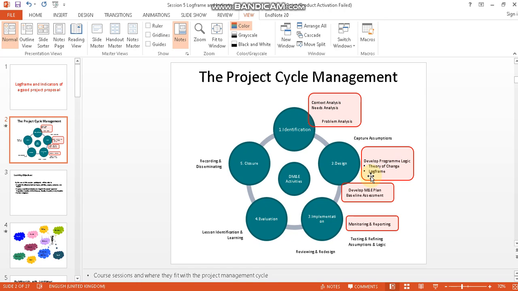Once the project is designed, the team needs to develop a monitoring and evaluation plan that will contain indicator definitions, means of verification, baseline value, endline value, or let's say target, who is going to collect that information, and what are the means of verification.